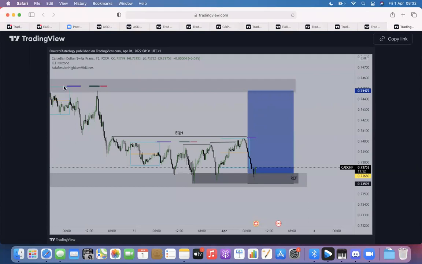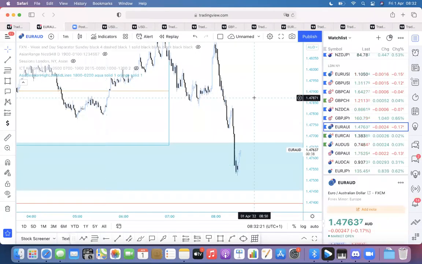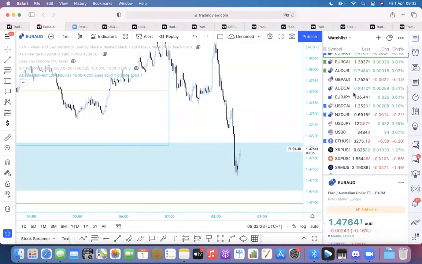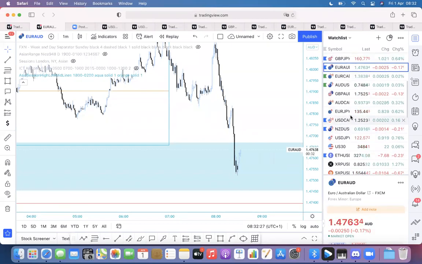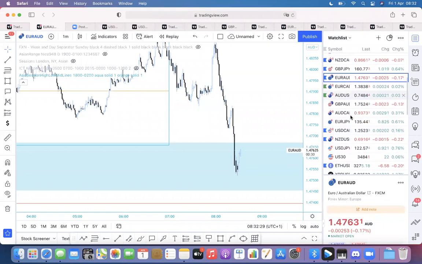CAD CHF. CAD CHF, I would say for some intraday trade for now, this is great. 15 minutes. I really like it. A lot of equal highs. I really like this one, but my trade would be, do I have it here or disappeared?